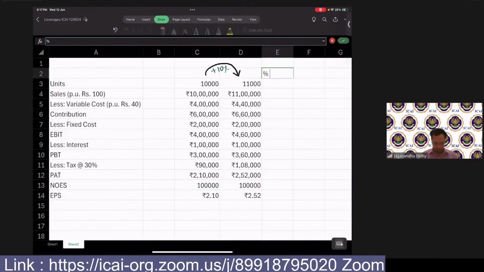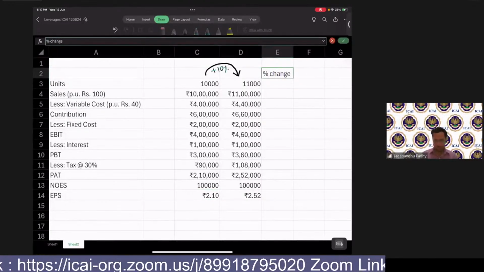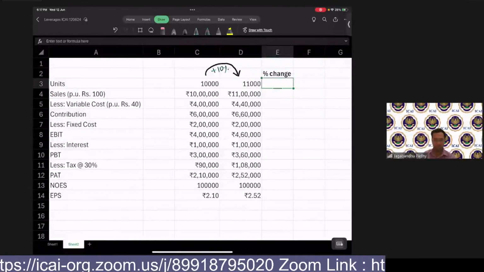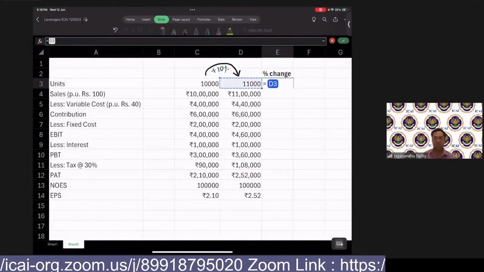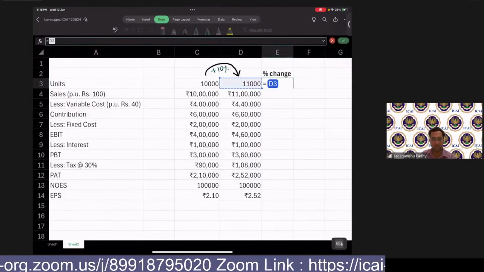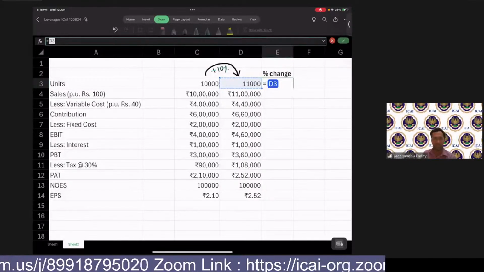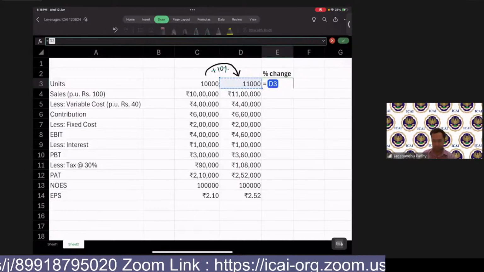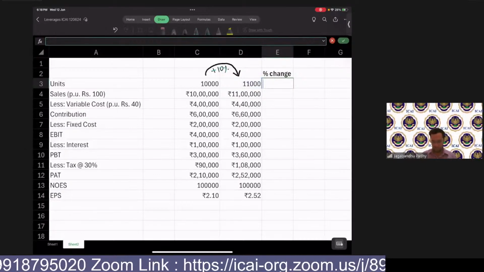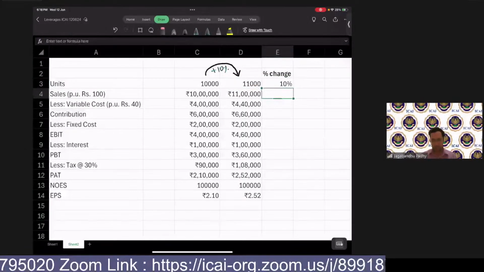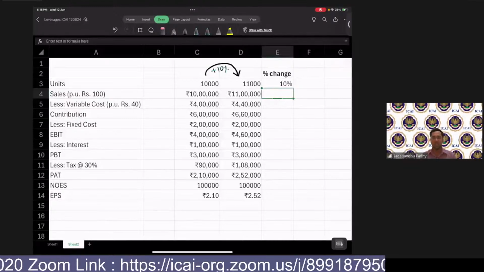Let us say percentage change. So we stated that units, when they increased from 10,000 to 11,000, are increasing by 10%. So as the units are increasing by 10%, we already know this is 10%. So what is the percentage change in sales?